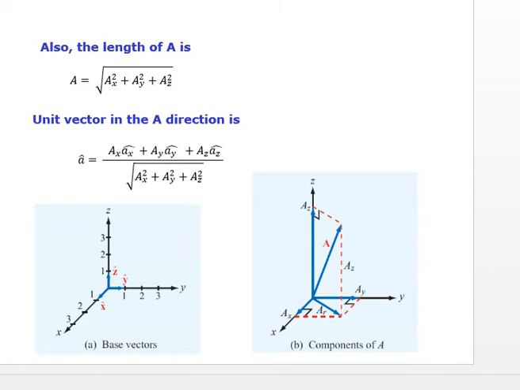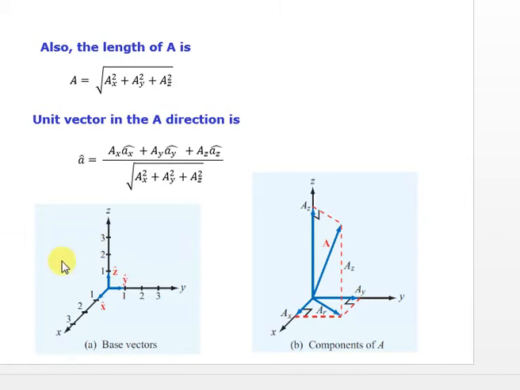The ratio of vector A to the magnitude of vector A is called the unit vector. So from this expression you can calculate the unit vector of any given vector A, B or C.